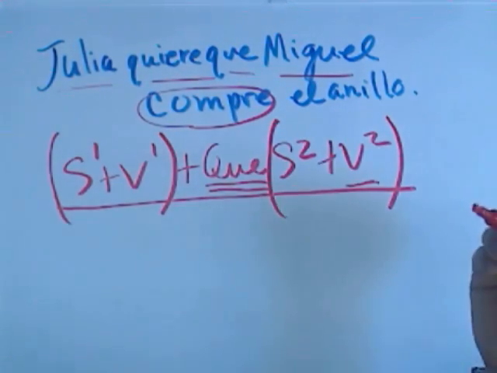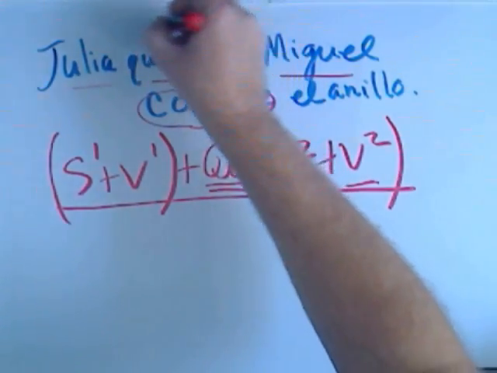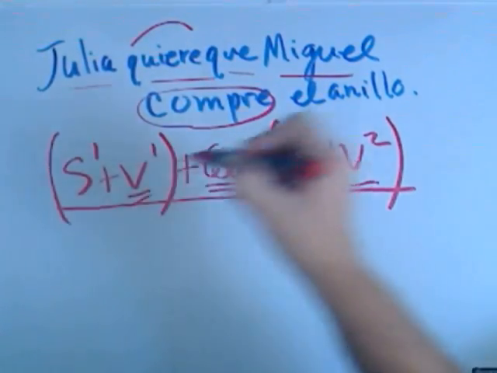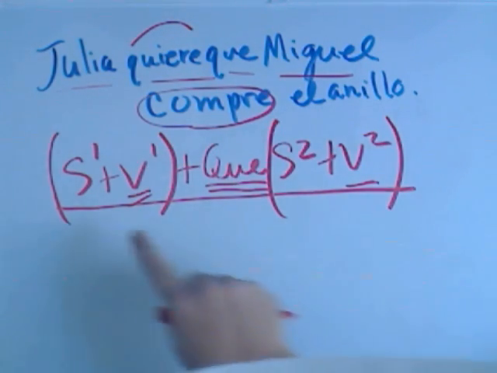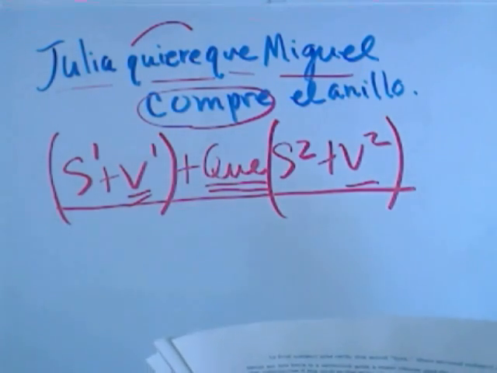Okay, now the verb we want to look at to determine whether or not we need the subjunctive is this first verb here. The meaning, the sense of that verb is going to tell us whether or not we need the subjunctive. So again, just to review, what we see here is a sentence with a main clause and a dependent clause, which will feature a verb.